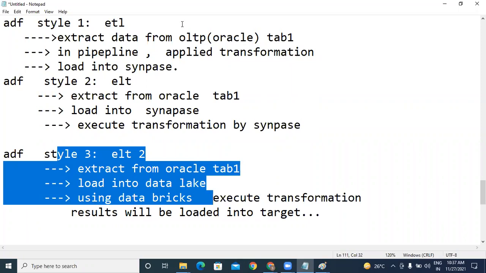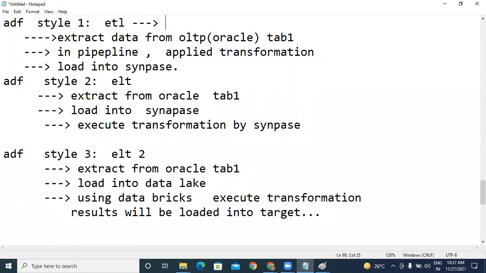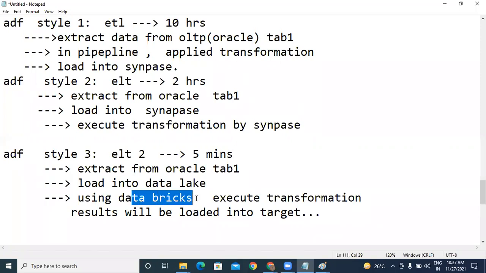The first model takes 10 hours, the second model takes 2 hours, and the third model takes 5 minutes. Here the weapon is Databricks.